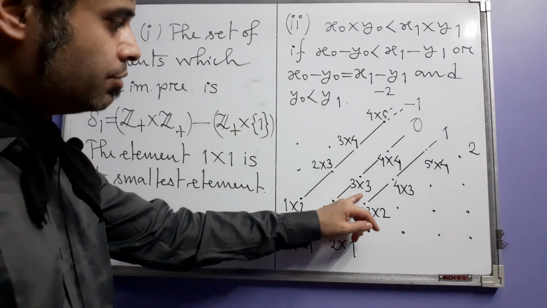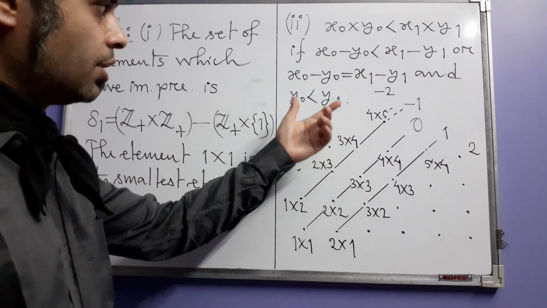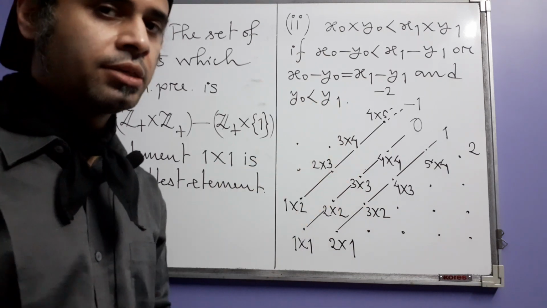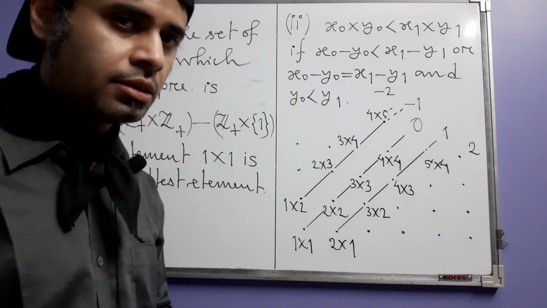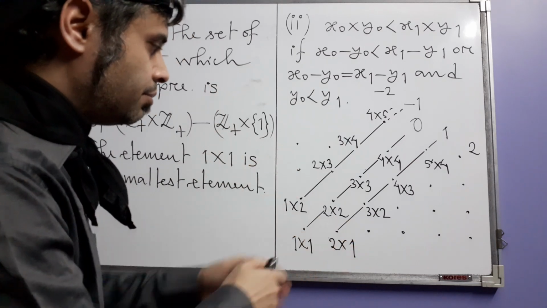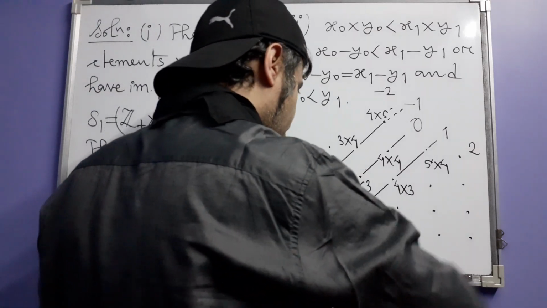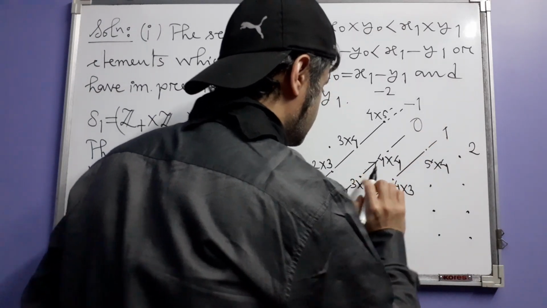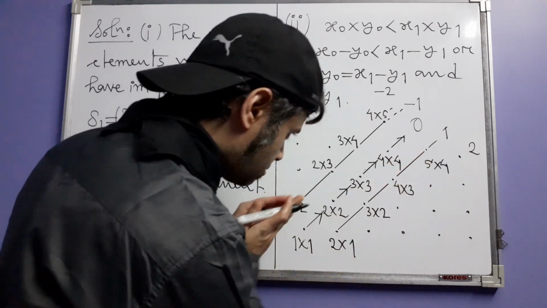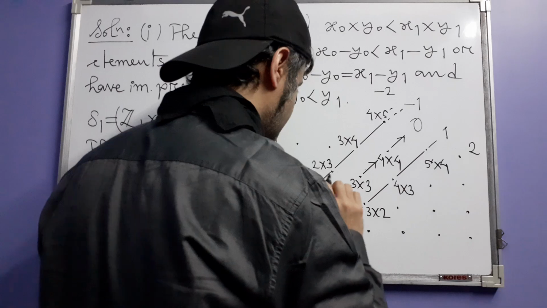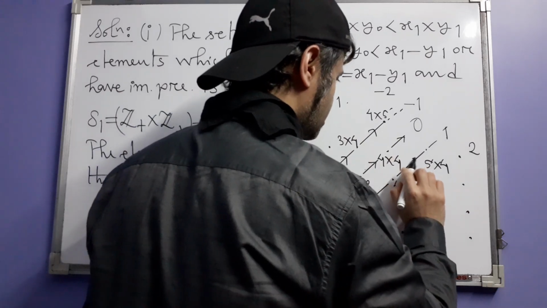So to decide which one is greater, you will look at their y coordinates. The one having the higher y coordinate will be considered the greater element. So in this order, along any such line, this is the direction in which things increase, like that. For all such lines, this is how things increase.